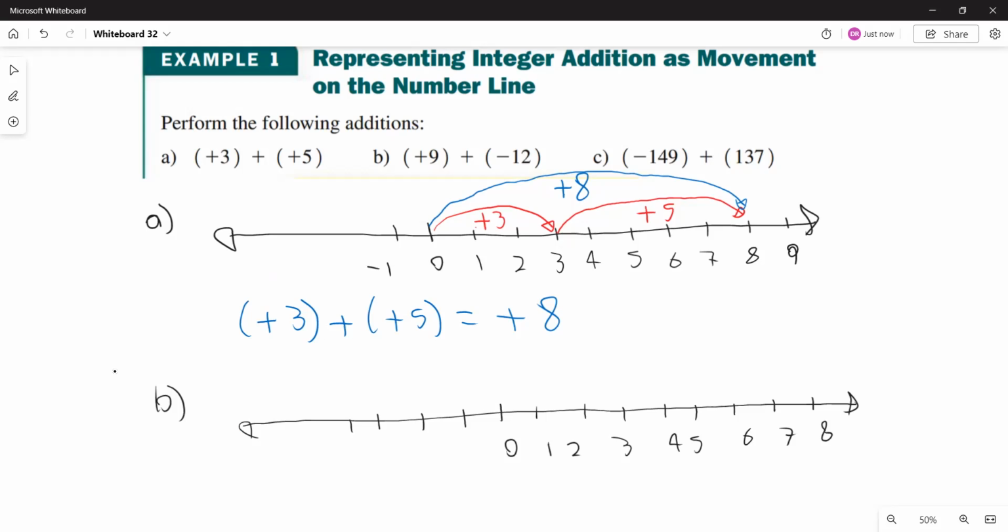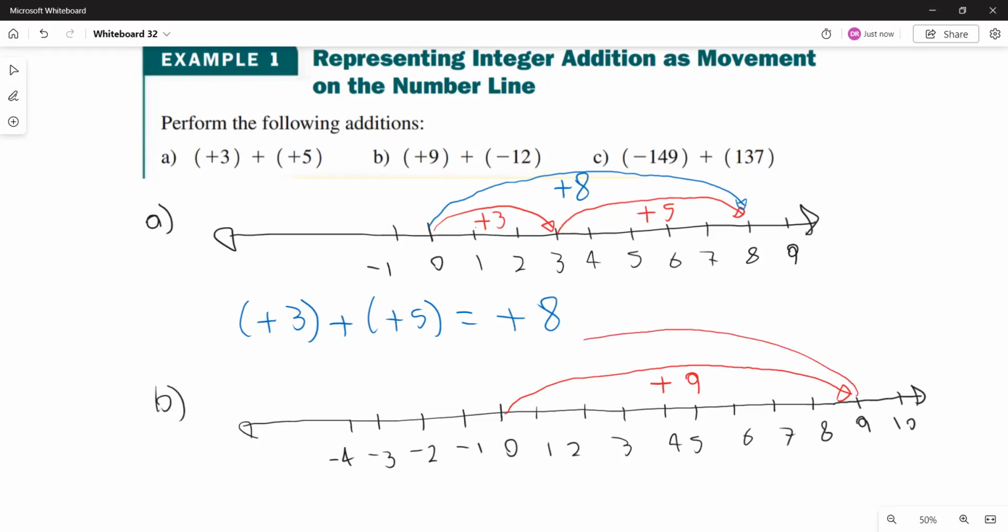We're going up to positive 9. Our starting point is going to be 0. So we move 9 spots to the right. That's positive 9 plus negative 12. We're going to move 12 spots to the left.